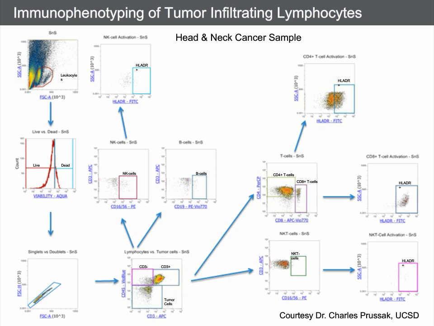So using flow cytometry, in this case on the Attune cytometer, we're able to gate on our tumor cells of interest, our tumor-infiltrating lymphocytes, gate them for viability, remove aggregates, which in the case of Attune, where we are using acoustic focusing, is remarkably resistant to clogging.